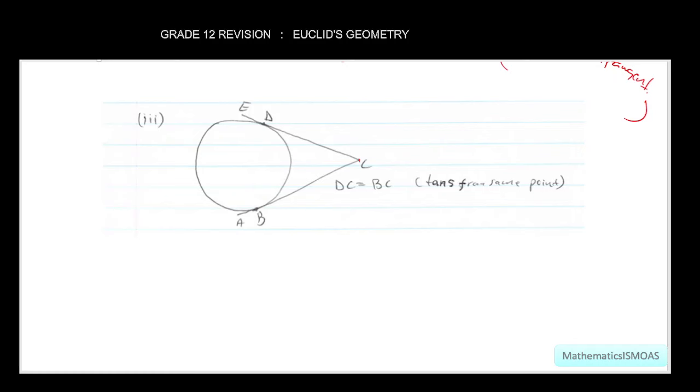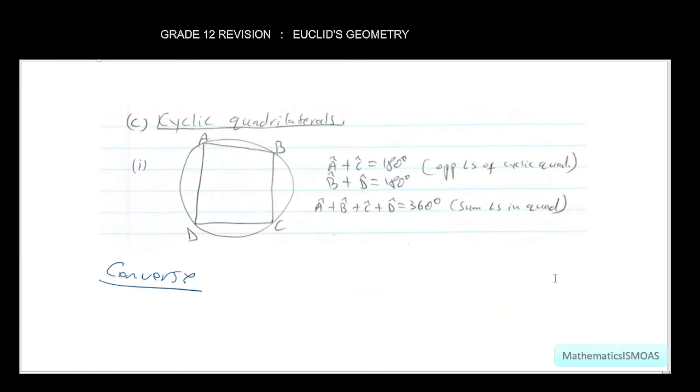They will be equal in length, but not from E to C or A to B. They will be equal from the point of contact D and the point of contact B, meaning DC will be equal to BC. The reason for that will be tangents from same point.